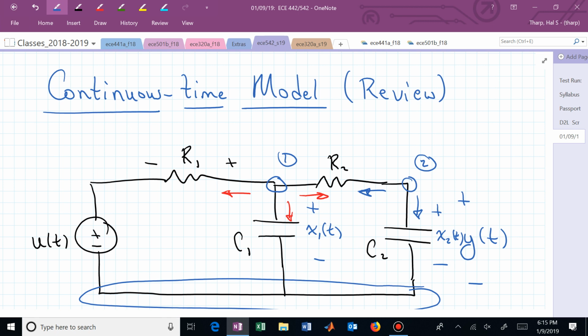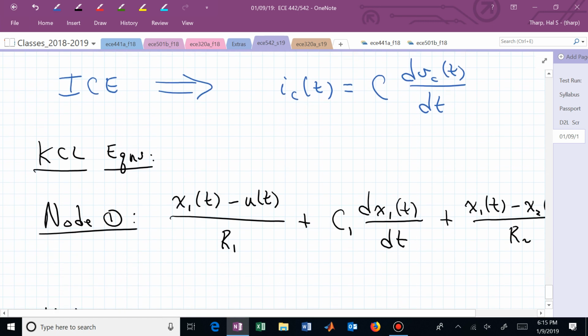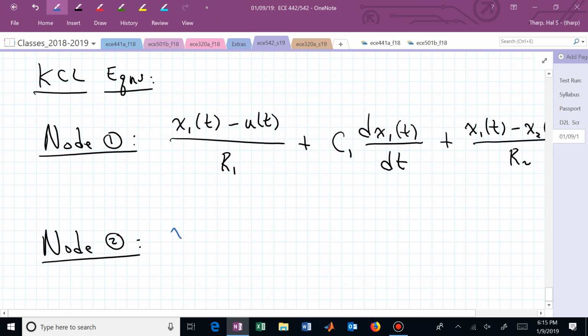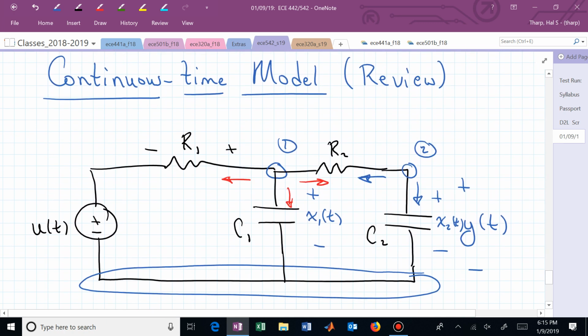And you can now write that down, I hope. This is now going to be x sub 2 of t minus x1 of t divided by r sub 2. That's the current going out of node 2 from right to left horizontally.